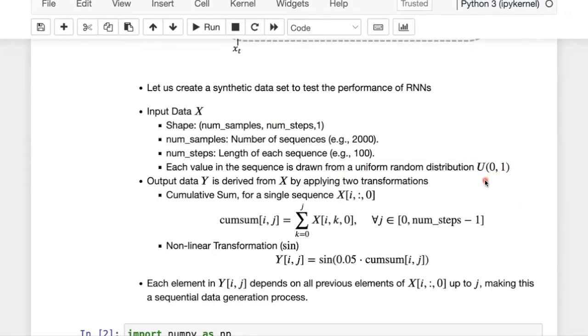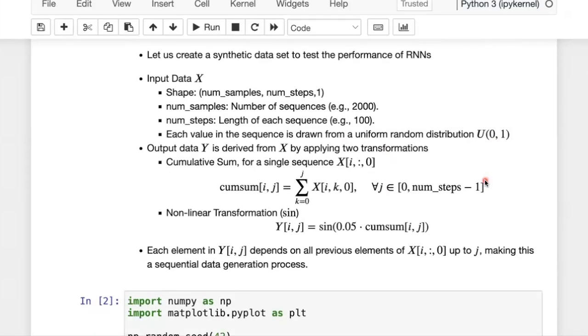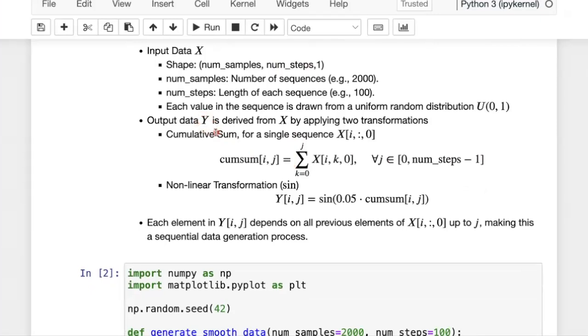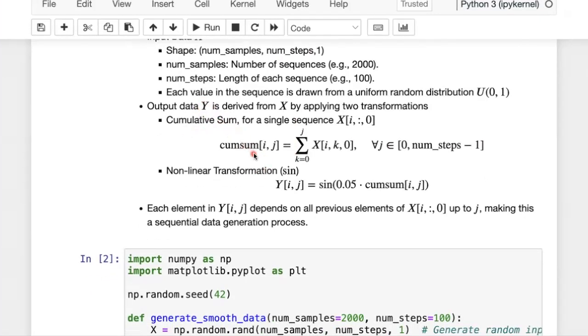So that's the np.random.rand. And in order to create these dependencies between time steps, to create my output data, first of all, I'm going to use this cumulative sum. What this means is that for each sequence that we have, where this i is the sequence number, so let's say you want to create your first sequence, at each time j you're going to add all the inputs that we created up to that point, right?